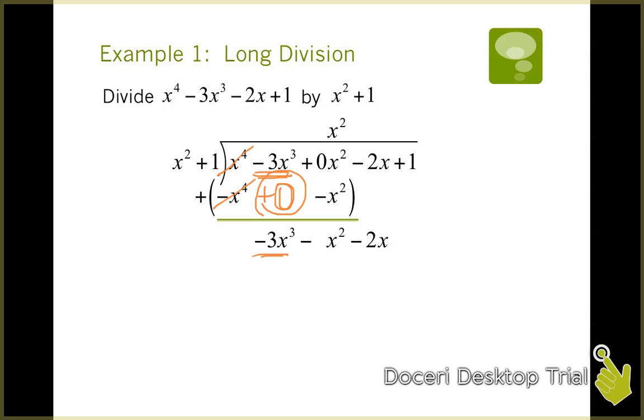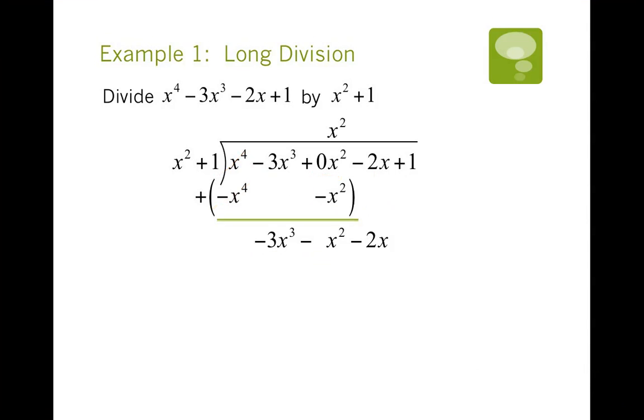So I'm going to keep a negative 3x cubed. Here I'm going to take the 0x squared, add a negative x squared, and get negative x squared. And then, just like with numbers, I bring down my next term. Okay? And then I just repeat the process all over again.